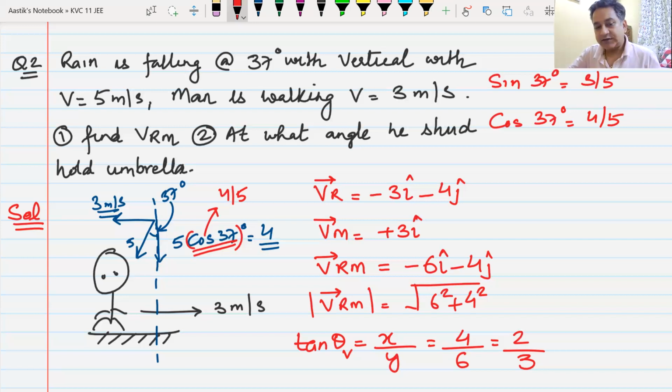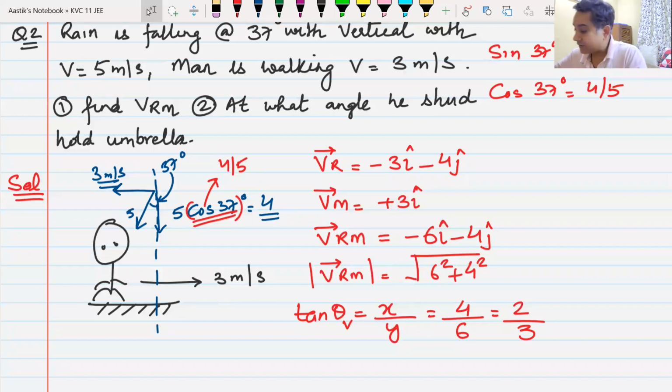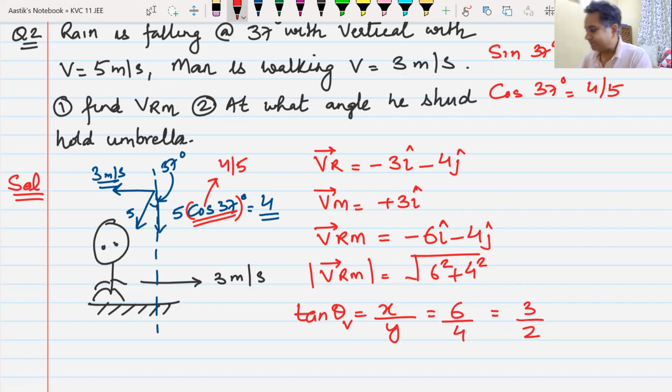Sorry, it should be 6/4. I've written it wrongly. Sorry. Yes, correct. It is 6/4, 3/2. Correct. Shall we move ahead now? Yes or no? Yes, sir.